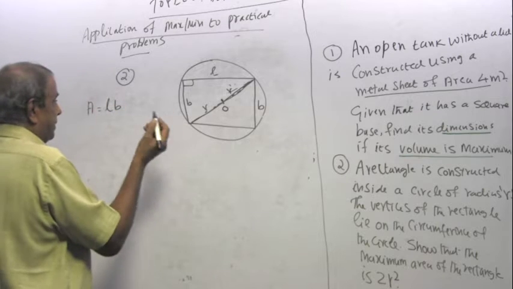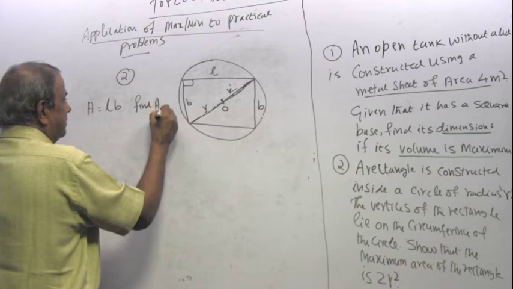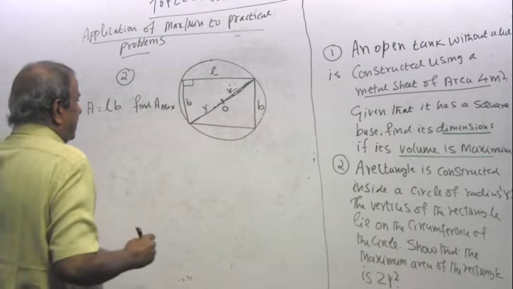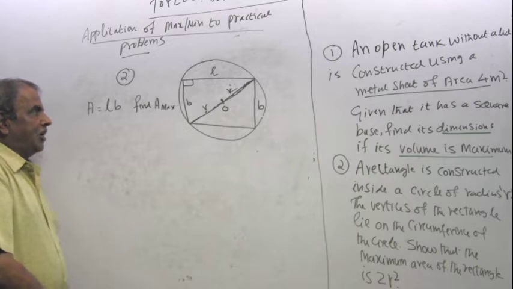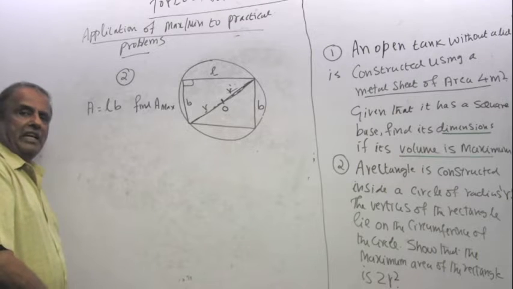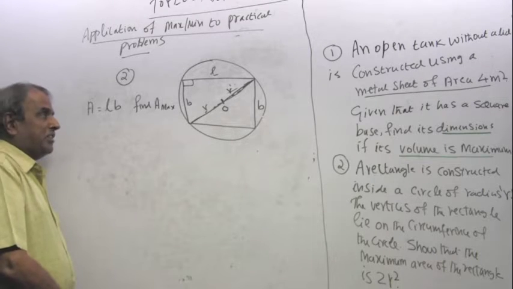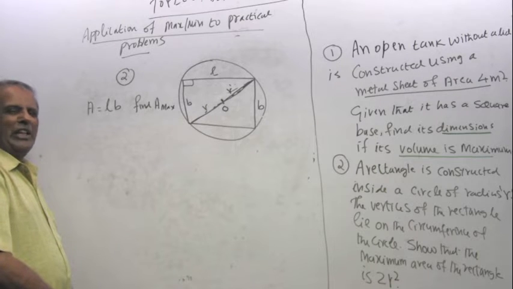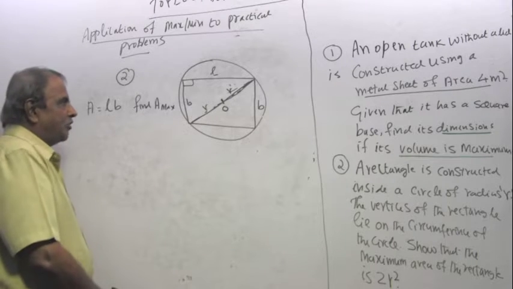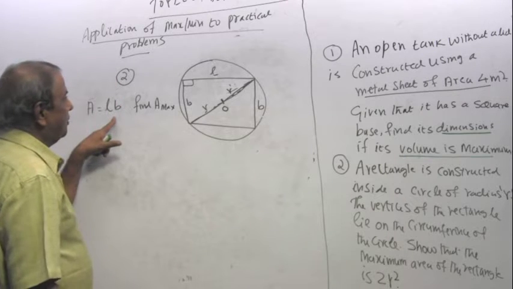L and B are the variables, and I must find maximum A. As usual, I cannot differentiate unless I have only one variable, either everything is L or everything is B. I purposely took L and B, not X and Y, because all of us use X and Y all the time. So therefore, I need to convert everything to one variable.